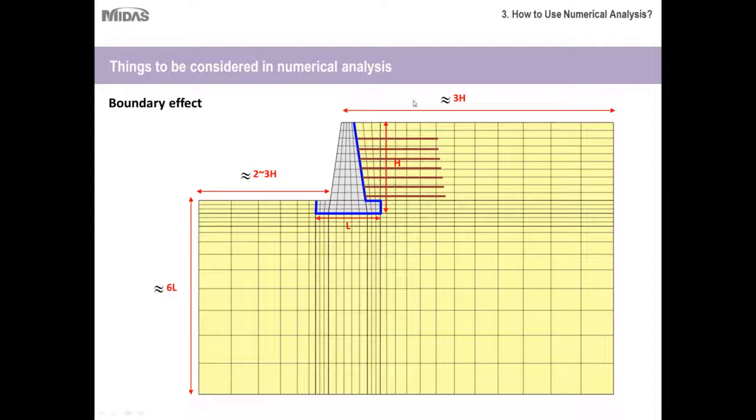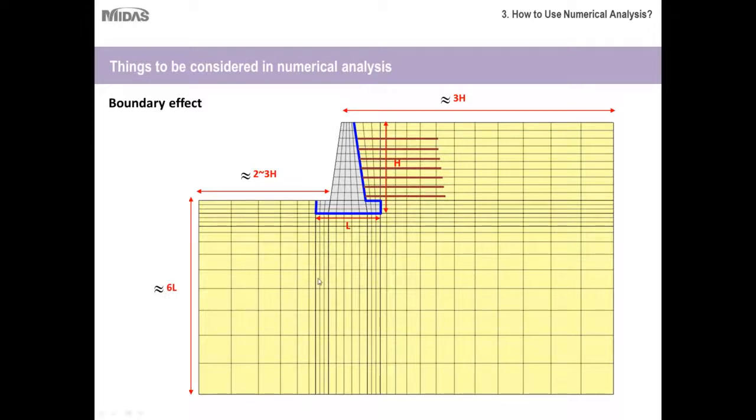So if you add these two up, if H is your height of the wall, then you have to approximately consider the boundary in the horizontal direction as 6 times the height, and if the width of your foundation is L, then you have to go below the foundation to approximately 6 times the length or the width of the foundation.